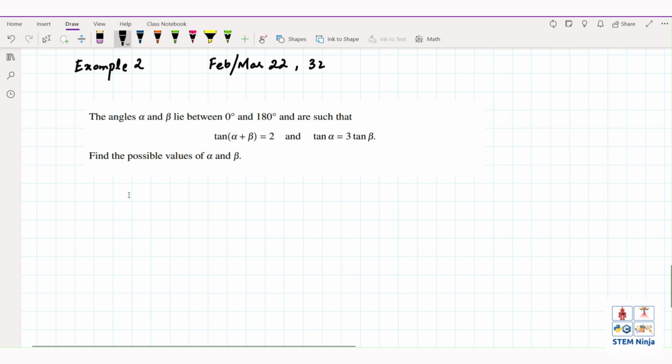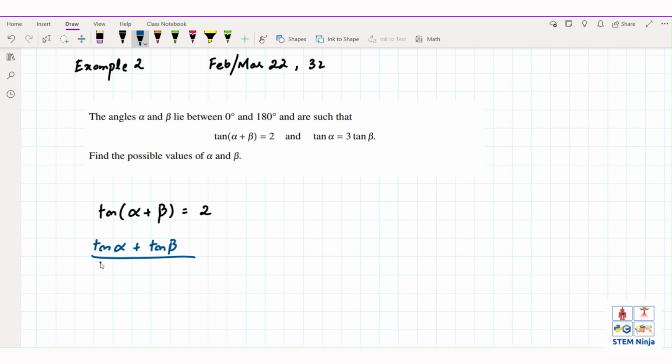So let's expand the first one. Tan of alpha plus beta equals 2. When we expand this, we get tan alpha plus tan beta divided by 1 minus tan alpha tan beta equals 2.